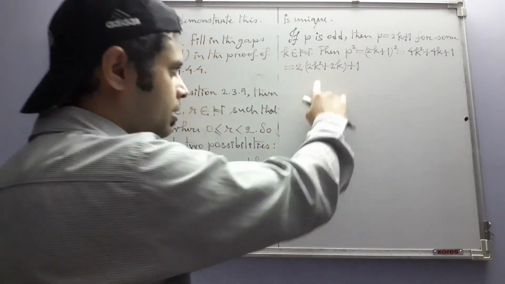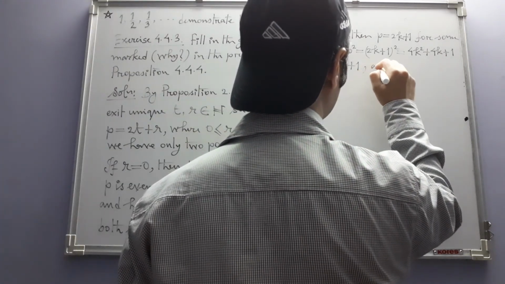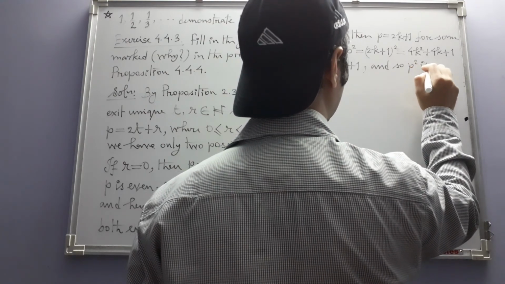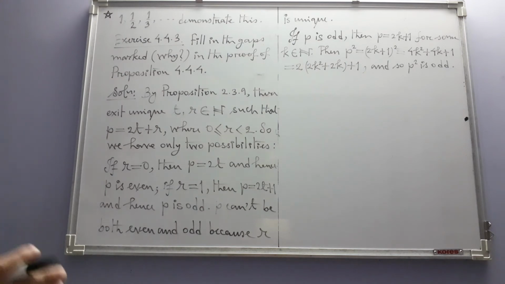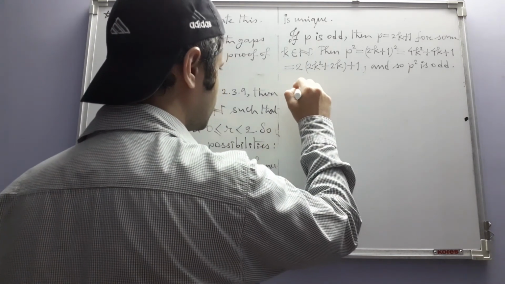This is again a natural number, and so p squared is odd.